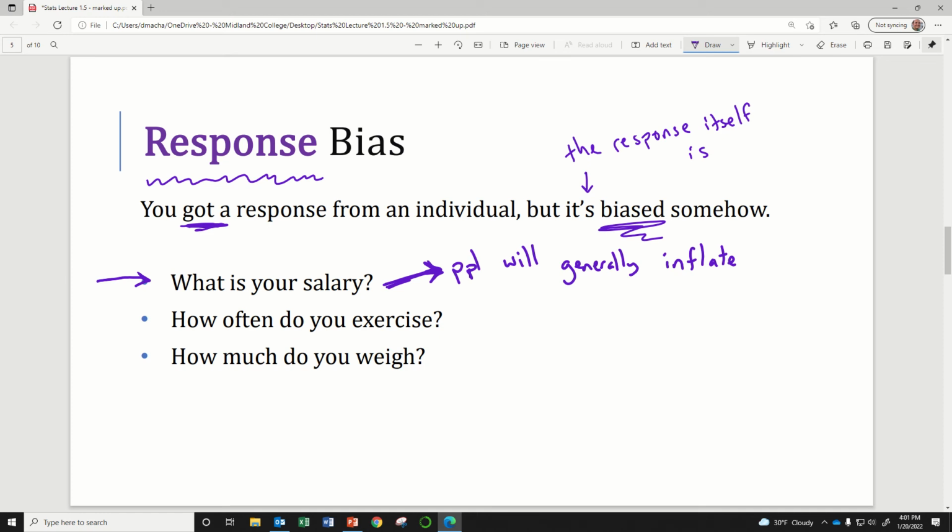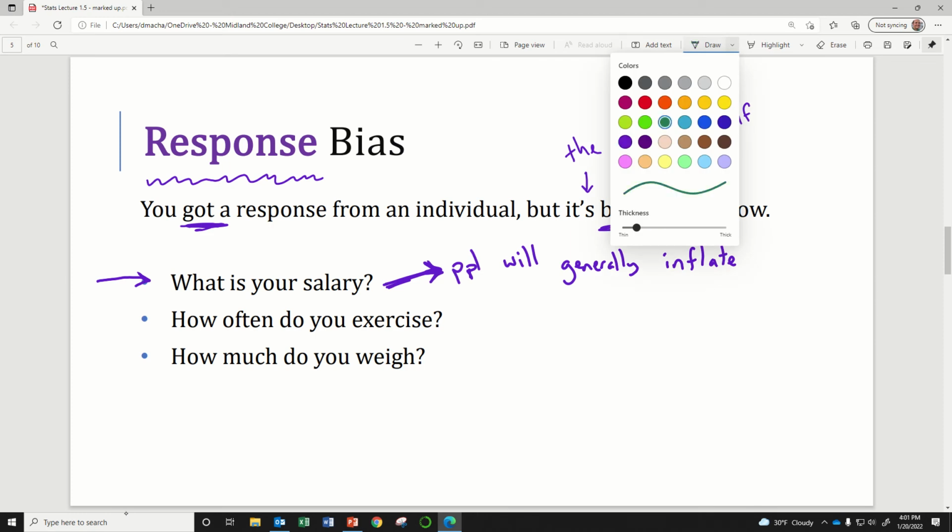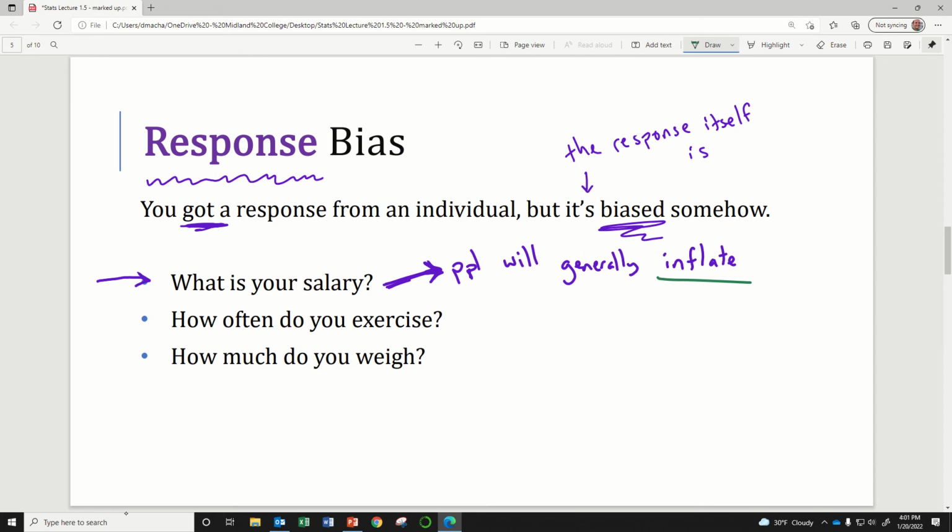And this effect somehow even persists when the survey is anonymous. So even if you tell people your response will be anonymous and they're filling out a form online, they're still likely to inflate their salary when asked. Same thing about how often do you exercise?